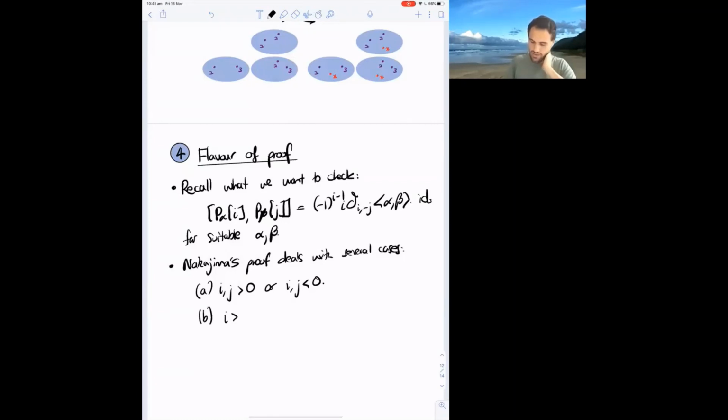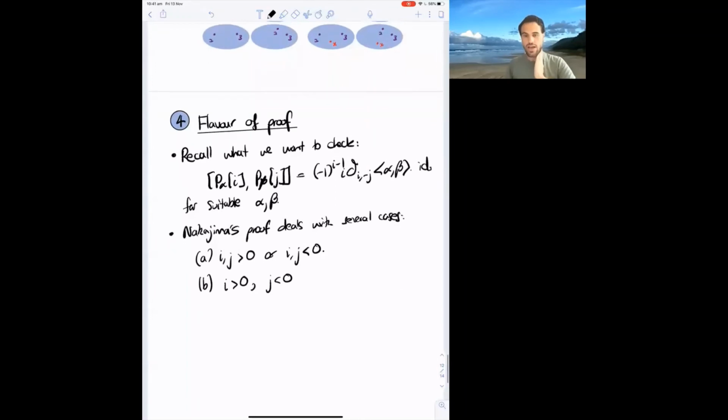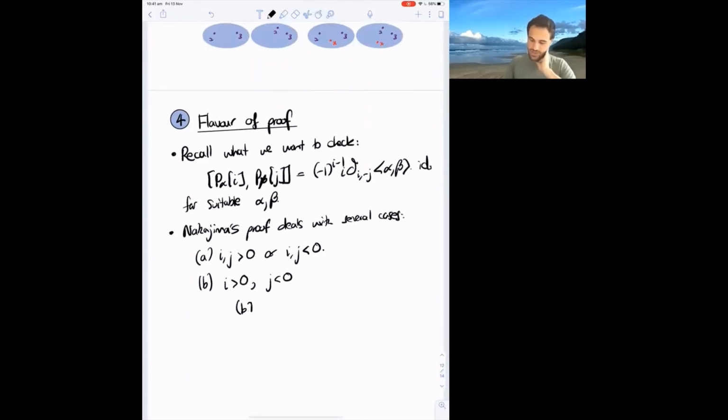Or you might have one greater than 0 and the other less than 0. And then you have two subcases which he deals with. Either I plus j is not equal to 0, or you have I plus j equal to 0. And this last case is the only one where you get something non-zero, as we've discussed. And that was our worked example above.